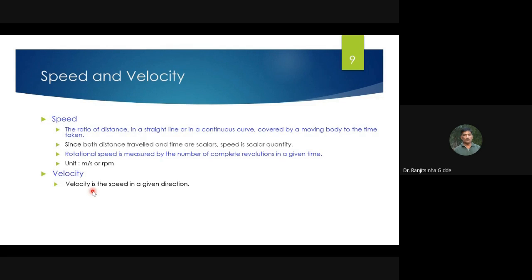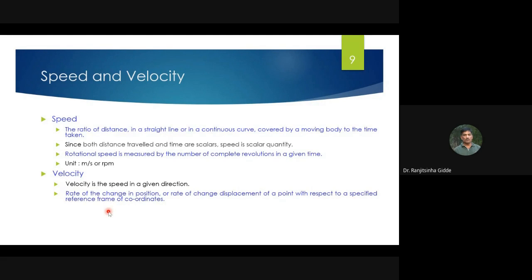Suppose a vehicle is running in the west direction at 100 kilometers per hour.